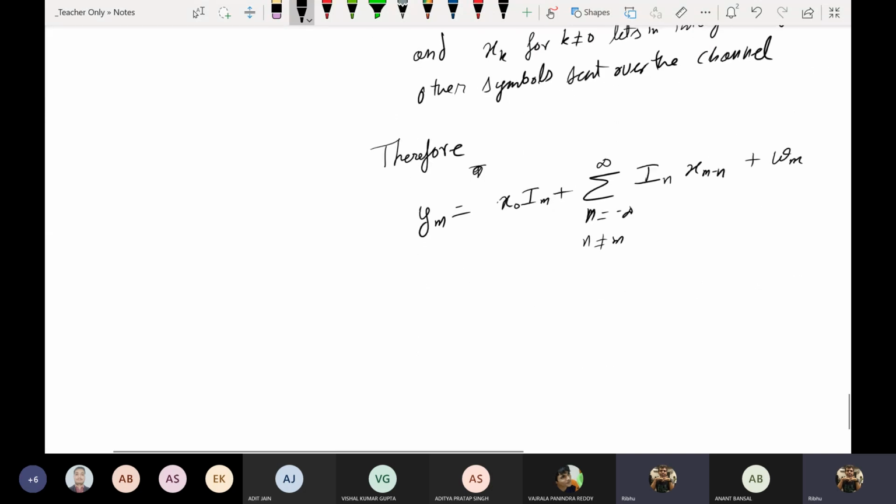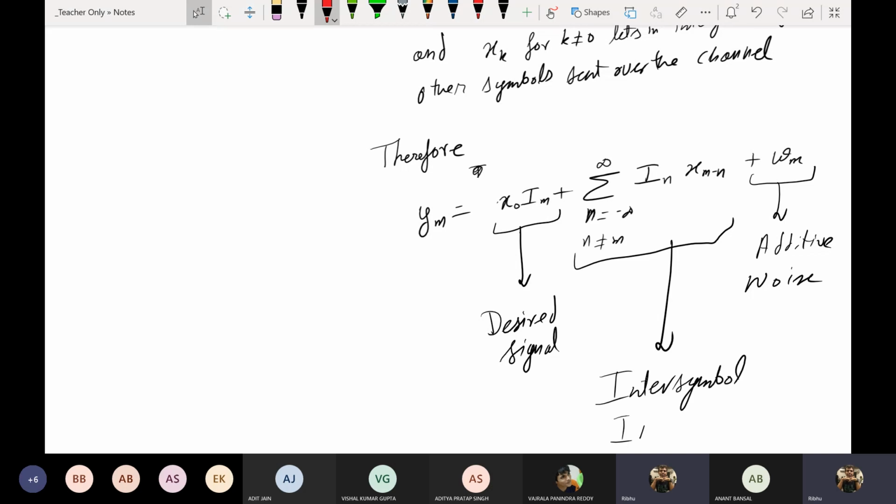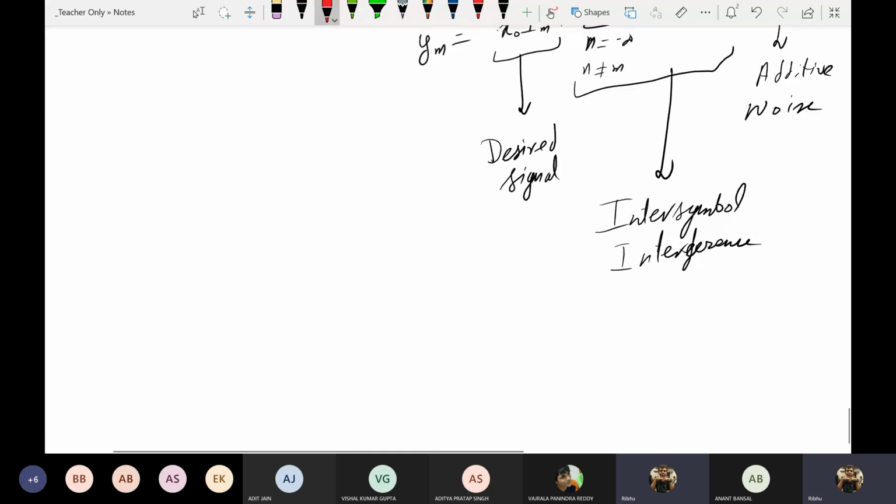This has three parts: the desired signal, additive noise, and this is what is known as intersymbol interference, or shorten it to ISI.